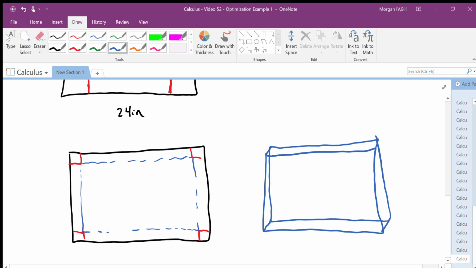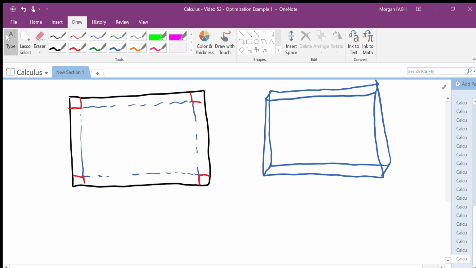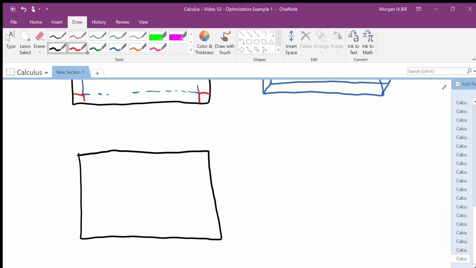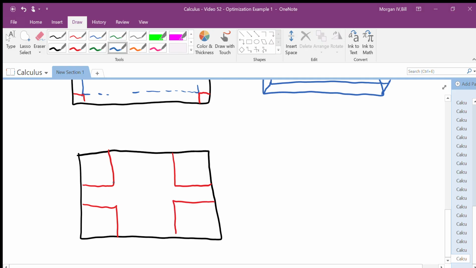Okay, something like that. If instead you cut out larger squares, let's say we cut out fairly large squares like this. Okay, now the base is quite small here, a very small base, but my height is quite a bit bigger.